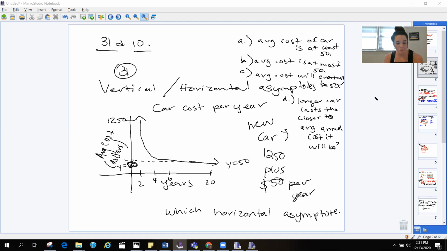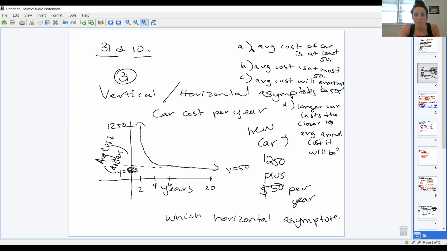All right, so what does that horizontal asymptote of y equals 50 actually represent? Then I'm going to hit pause on the recording.